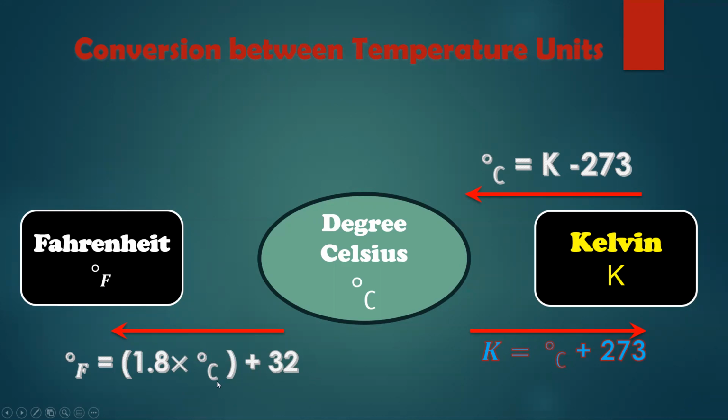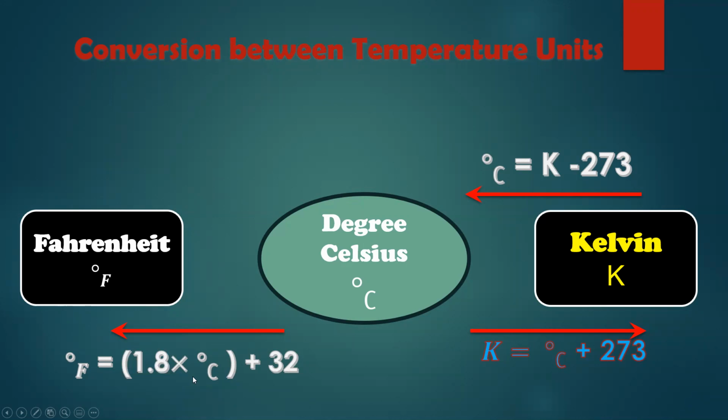Two things you have to consider in your calculations. The first is, please do the multiplication first in the bracket, then add 32. The second is, this equation actually uses 9 over 5, but I don't like to write it as 9 over 5. Sometimes it makes trouble during the calculation using the calculator. I prefer if you write it as 1.8, and it will be much easier for all of you.